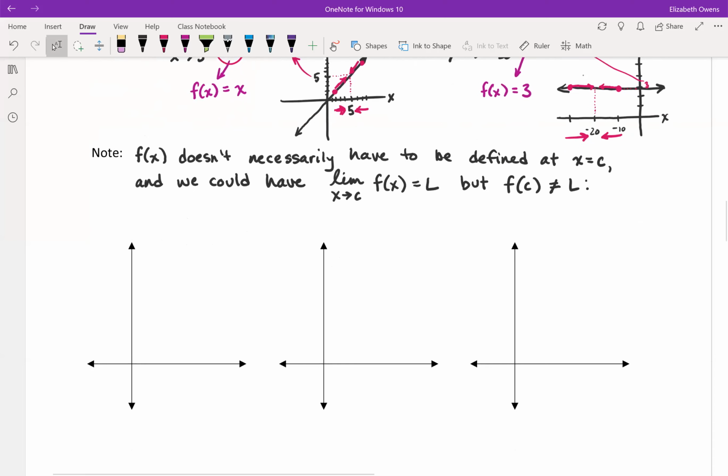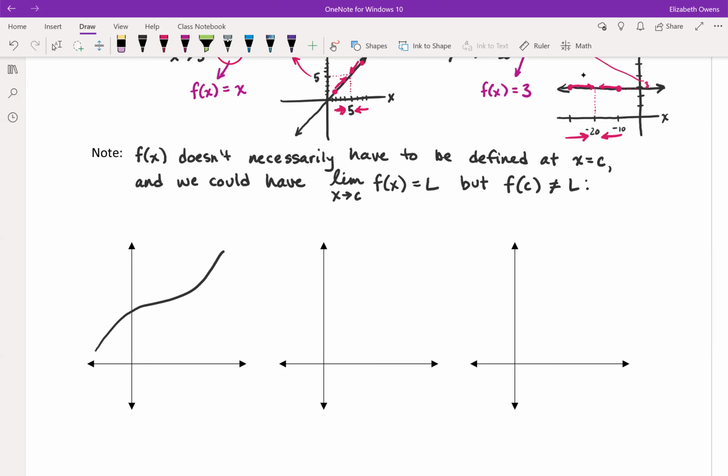All right, so on our first graph here, we are going to set up a limit that looks like this. The limit where x approaches c of some function f of x, it equals L. All right. So let's say, let me make some generic function here.